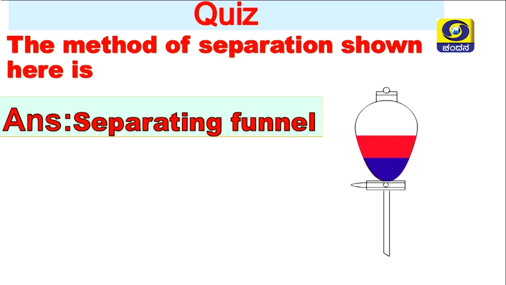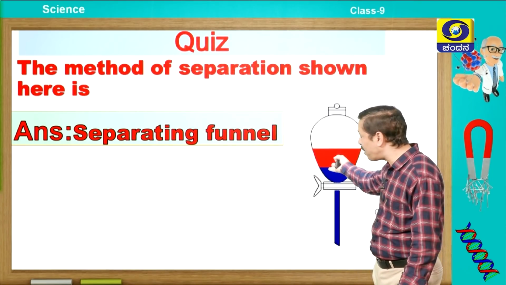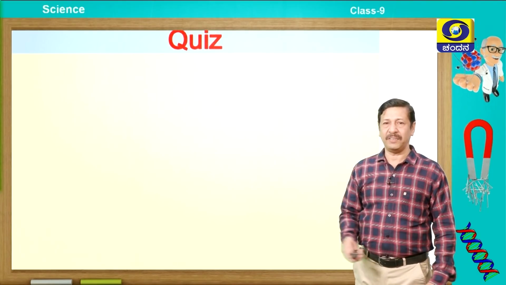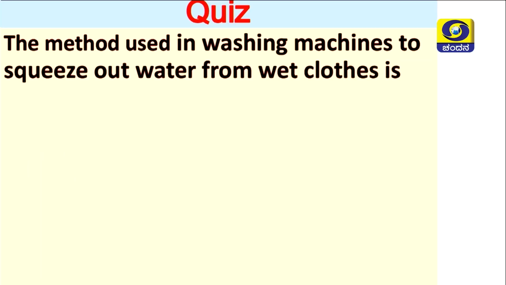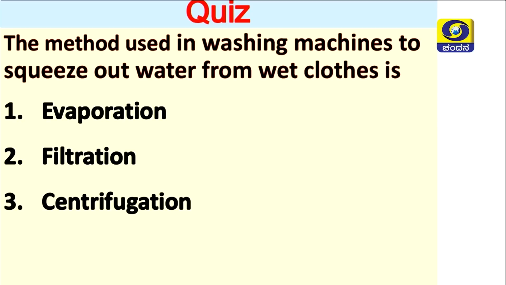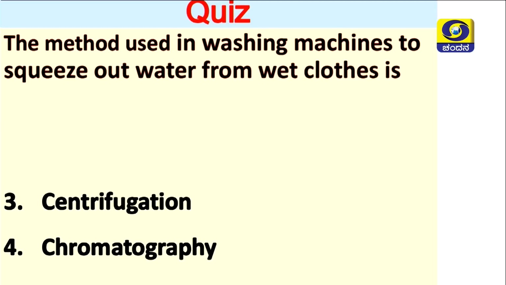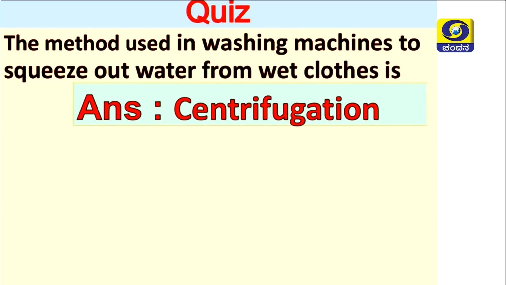Don't get confused by the colored components taken in the vessel, right. Next quiz question is, the method used in washing machines to squeeze out the water from wet cloths. Evaporation, filtration, centrifugation or chromatography. What is the answer? The answer is centrifugation, right.